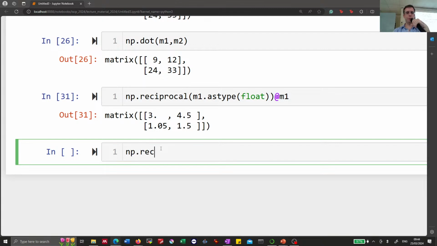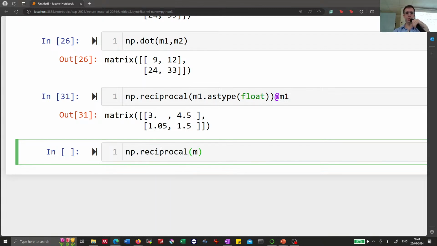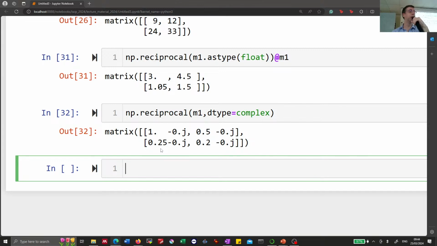Numpy dot reciprocal, and then m1, comma. Let's go comma dtype. Now we have seen float many times today already. Let's try complex. Yes, okay, there we go.